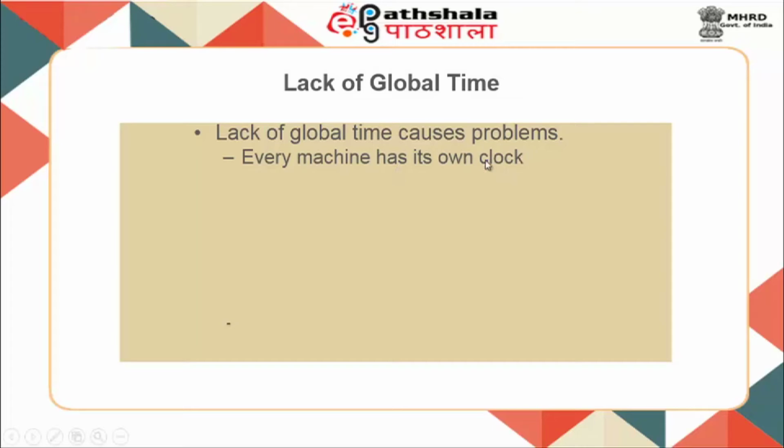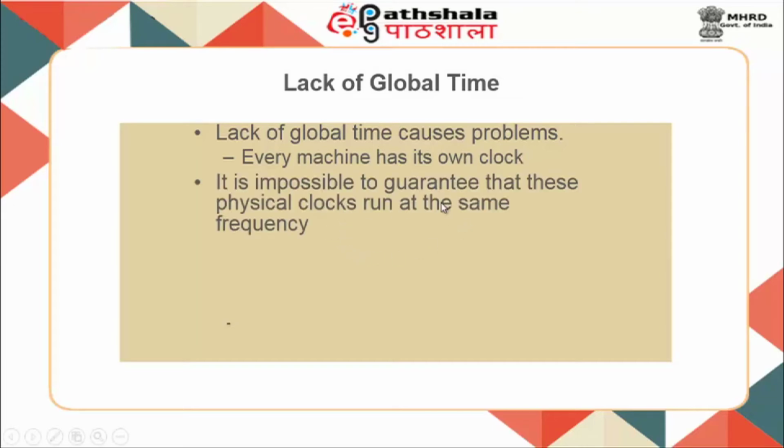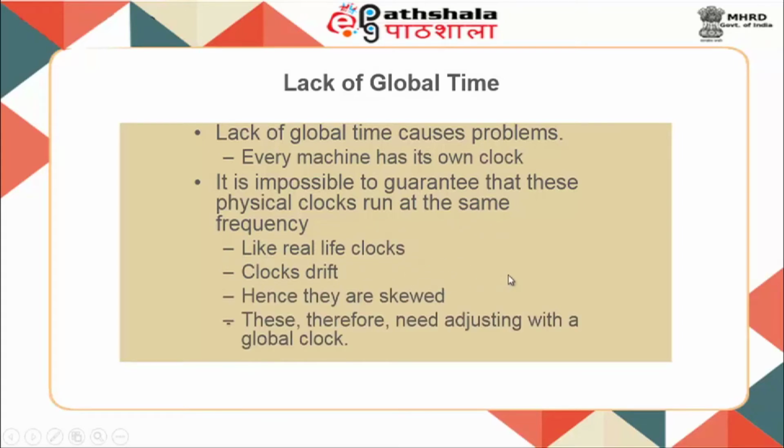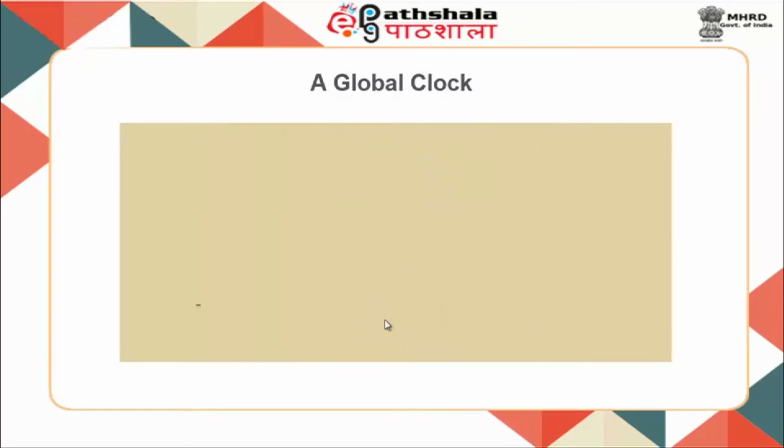Every machine has its own clock, and it is impossible to guarantee that the clocks will run together, and therefore, just like real time, we have clock drift and skew, and hence we need to adjust with the global clock. So, finally, we arrive at this decision that we do need a global clock and we do need all the machines to be adjusting with that global clock, so that they are in sync with each other. So, what is a global clock?